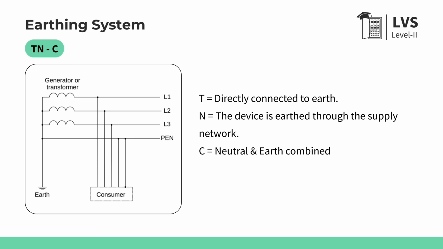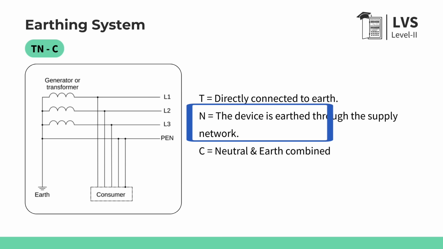So first is the TNC system. First let's decode the letters here. The first letter T means the source's neutral is directly connected to the earth. The source can be a generator or a transformer. The second letter indicates that the exposed parts are connected to the supply system neutral.